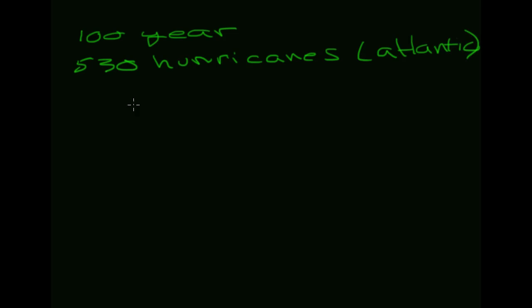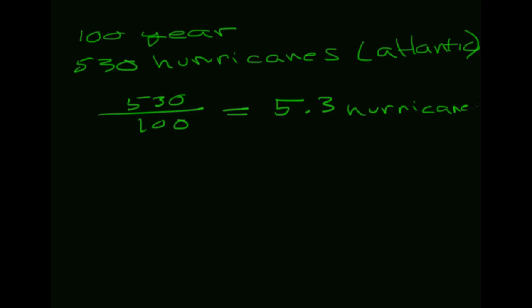So if I take 530 and divide that by 100 years, we're averaging about 5.3 hurricanes per year. So this is my lambda. Lambda is 5.3.